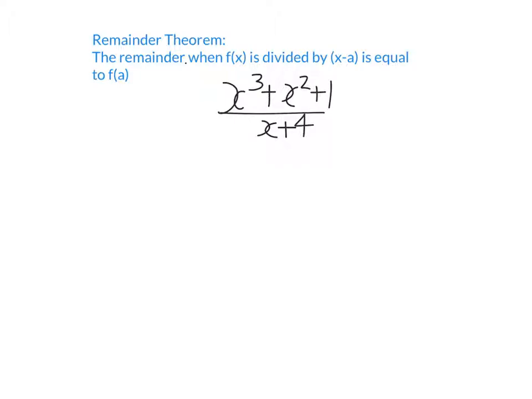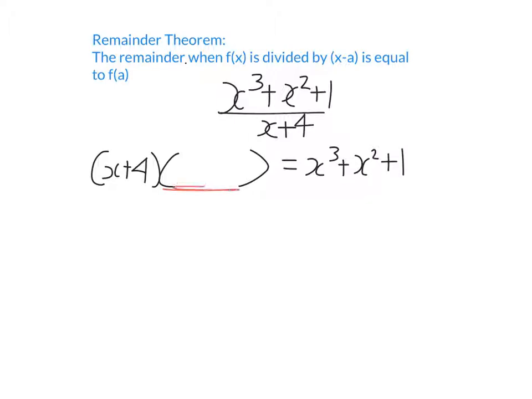So what we're really saying is we want to take x plus 4 and we want to times it by some polynomial to get x cubed plus x squared plus 1. But we won't always be able to find a polynomial that we can insert here that will give us this answer here. Because x plus 4 is not always going to be a factor of this polynomial.